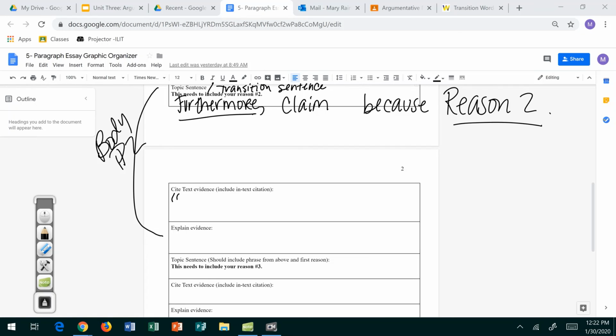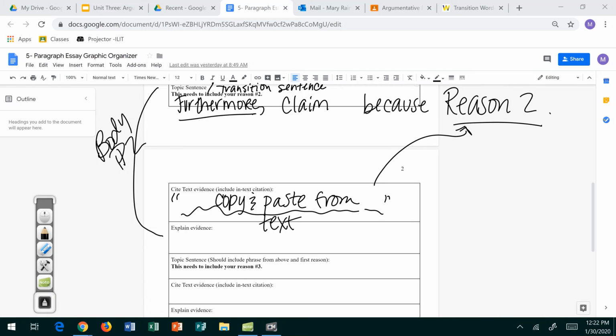You are going to put in quotations where you got your reason number 2. So copy and paste from text, or rewrite it directly from the book that you're working on.